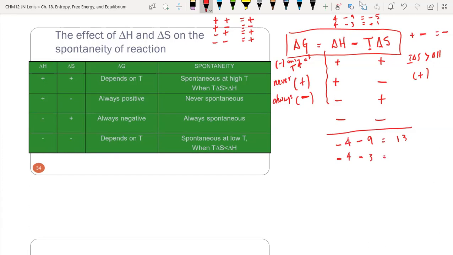It's going to be 7. So this value will depend again on temperature. The temperature can make this bigger or smaller.